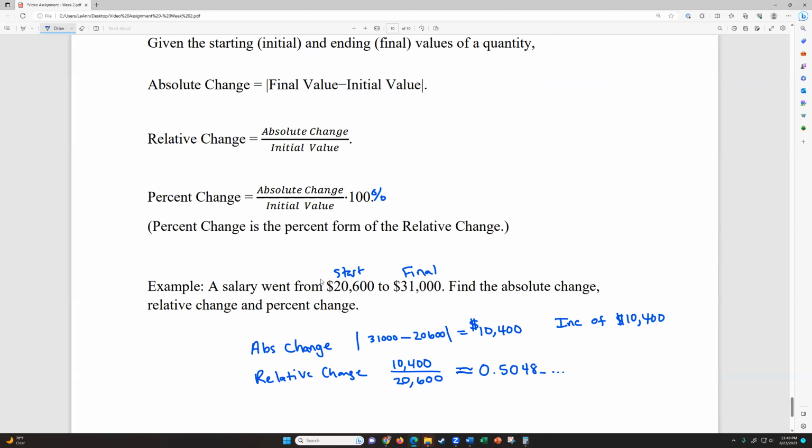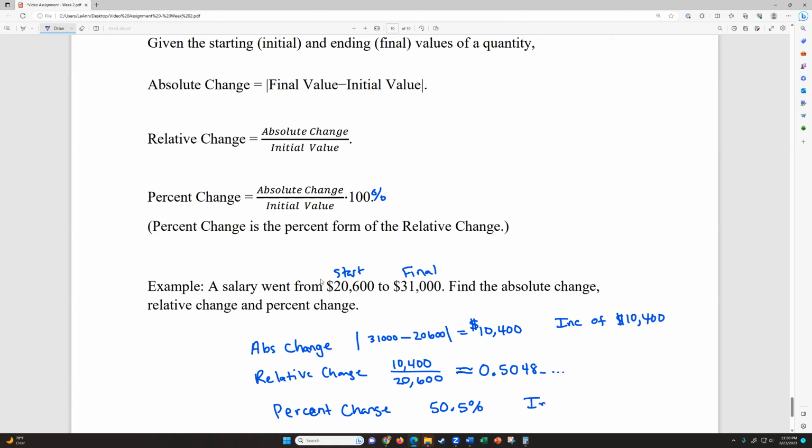Okay. Now, the fun thing about percent change is we just multiply that by 100, or move it 2 places to the right, and turn that into a percentage, which is a little easier to talk about. So this would be moving that 2 places to the right and then rounding to the nearest 1/10 of a percent. That 4 would get bumped up by an 8. So that's a really good increase.